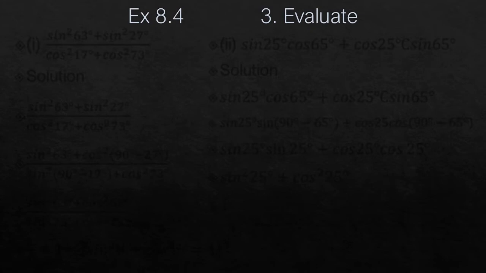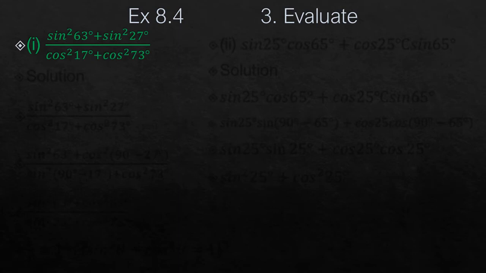So students, today's first question is, we are starting with question number 3 of exercise 8.4, and question 3 is: evaluate. What you have to evaluate? You have to evaluate these expressions. The first expression is sine square 63 degree plus sine square 27 degree upon cos square 17 degree plus cos square 73 degree. Now students, if you look at the angles, these angles 63 and 27, here 17 and 73, what you find?